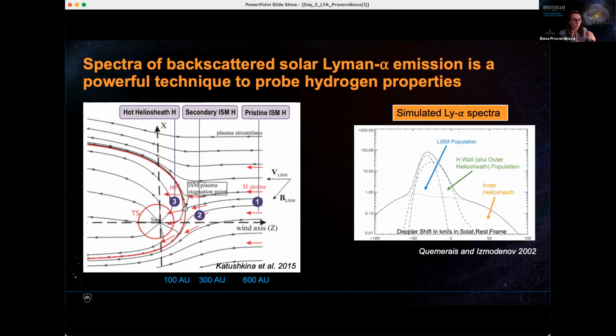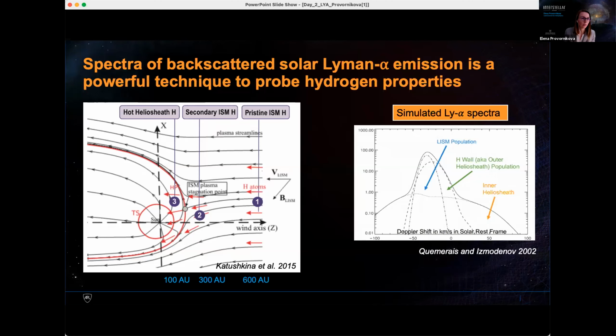Those properties are drastically different from properties outside in the local interstellar medium, due to interaction and charge exchange coupling with plasma as hydrogen moves from the interstellar medium into the heliosphere. And on this plot on the left, you see this global interaction.